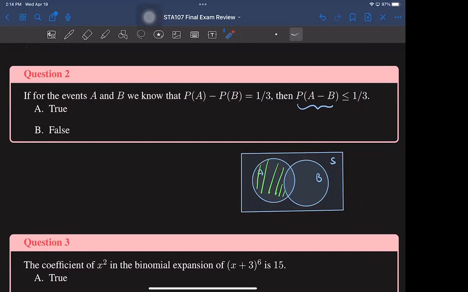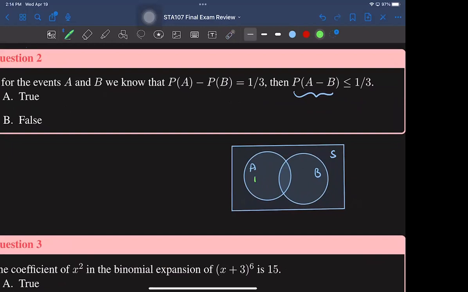However, we can show that this is false. You can just pick the part A exclude B to be 1 over 2. And then we will try to make probability of A minus probability of B equal to 1 over 3. How do I do that? Let's say I want here to be 1 over 3.